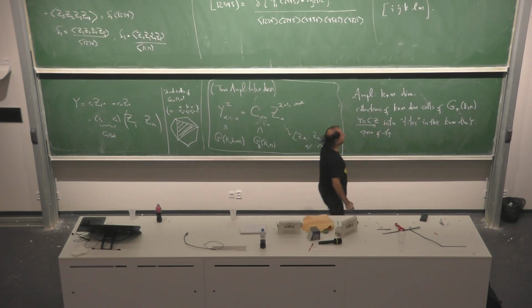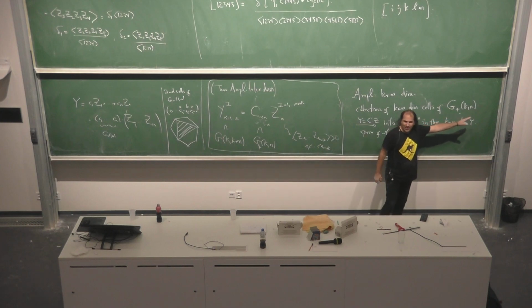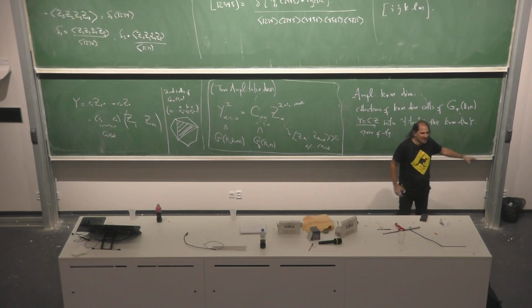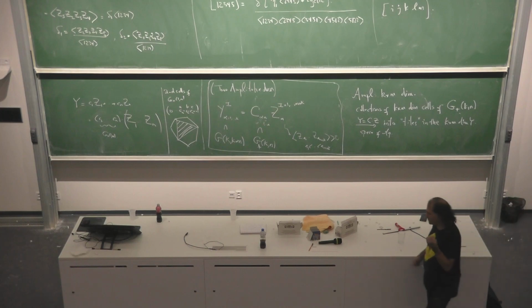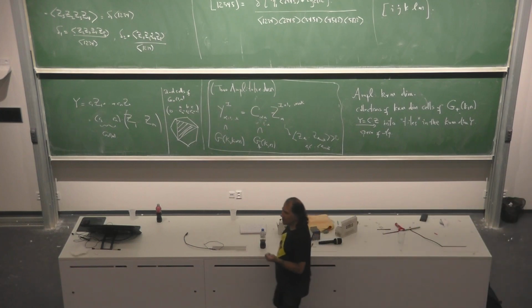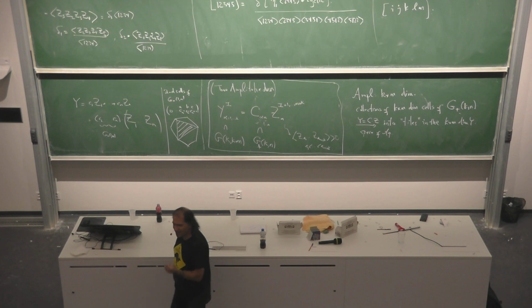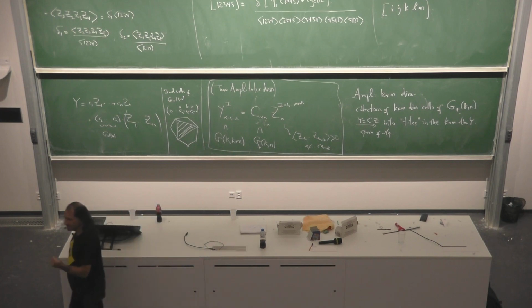These cells are cells in the sense that Jake was telling you about, okay? You should think of the cells of the Grassmannian as the analog of triangles. In fact, the positive Grassmannian, I forgot to say this, maybe I assume Jake said this, is the Grassmannian analog of a simplex.